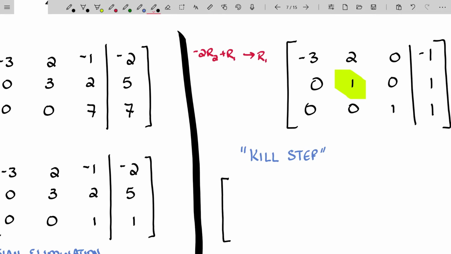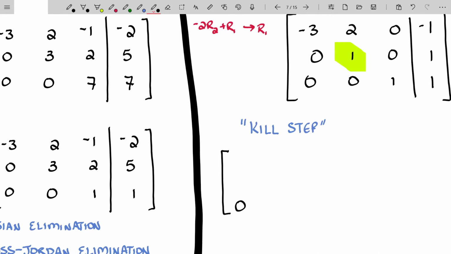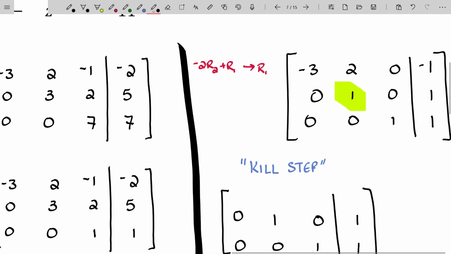Row 3 doesn't change. Row 2 technically does not change either. What changes is row 1. And how does row 1 change? Well, we're going to take -2 row 2 and add it to row 1.